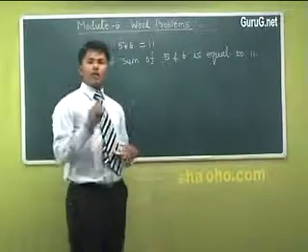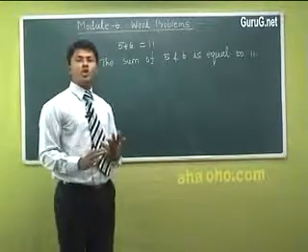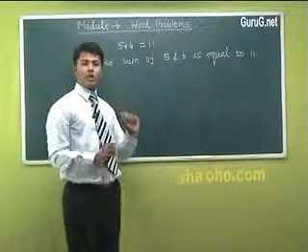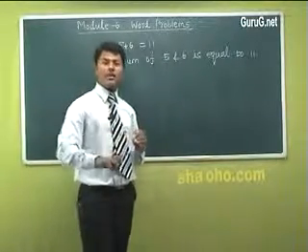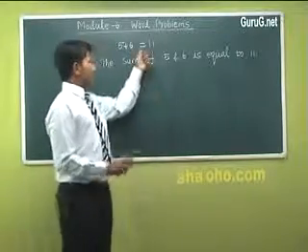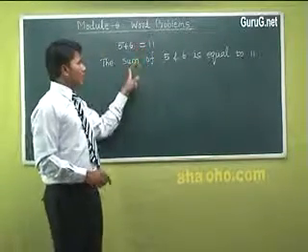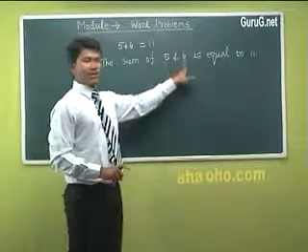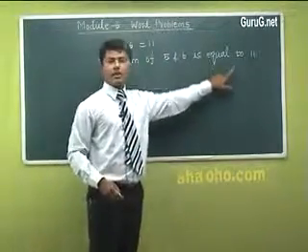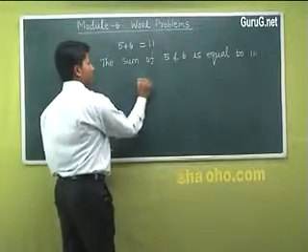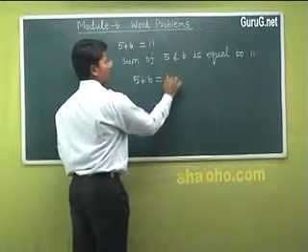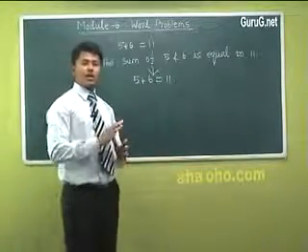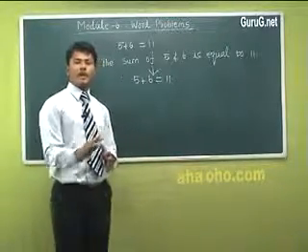Now your job, given the word problem, is to read the problem, find the mathematical operation and reduce it to this form. The word sum is given, so it means the addition operation between 5 and 6 and the result is 11. So 5 plus 6 is equal to 11.